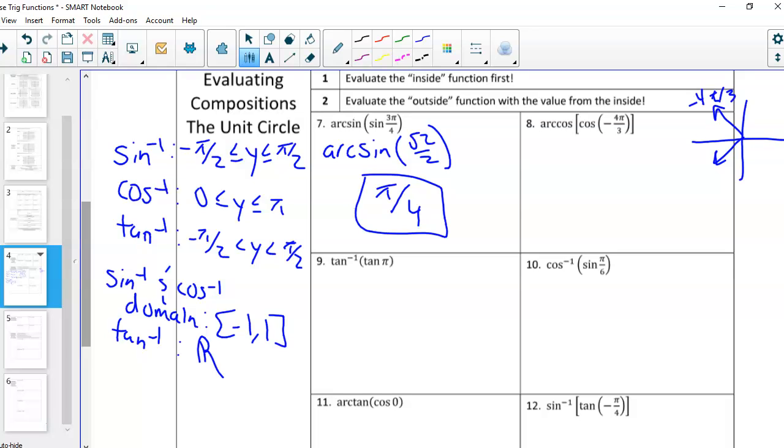Now, if you know that's the same thing as 2 pi over 3, then this works. 2 pi over 3 or negative 4 pi over 3, is that in your range? Yes. So these could cancel because this is the same thing as 2 pi over 3.